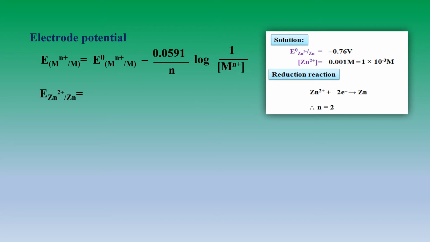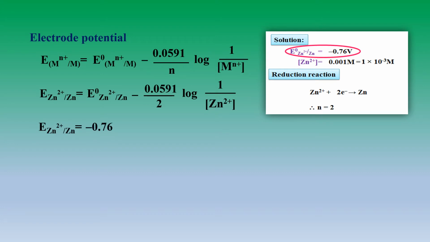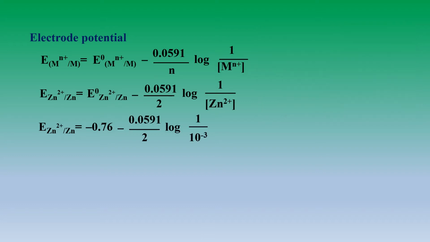If I substitute all the values in this equation, it will become E equals E naught minus 0.0591 divided by 2 log of 1 by Zn2+, and here the Zn2+ concentration is given, which we have to substitute. It will become E equals minus 0.76, because the E naught value is given here, minus 0.76 volt, minus 0.0591 divided by 2 log of 1 by 10 to the power minus 3.